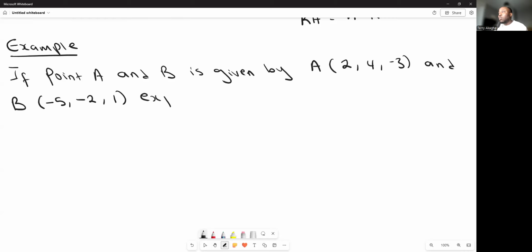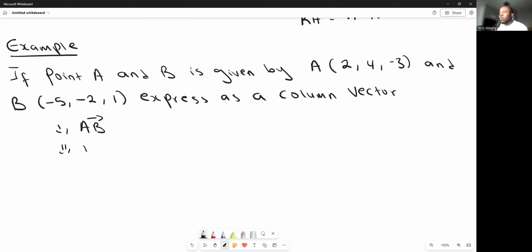We're told to express as a column vector: number 1, we express AB, and number 2, we're meant to express BA. All right, so we have these two questions.